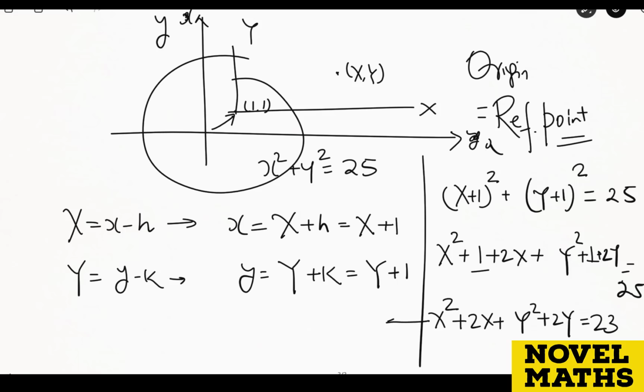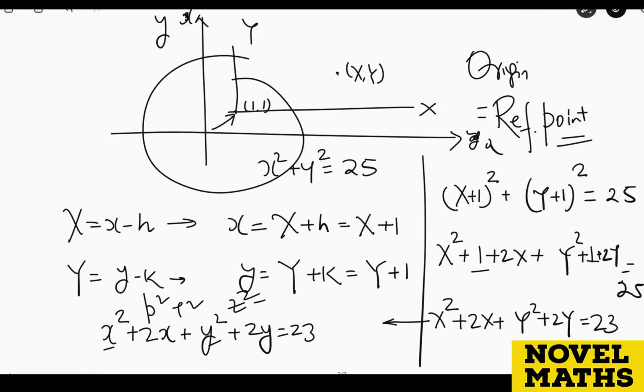But generally when we transform this, capital X and Y, small x, y, doesn't matter, right? Ultimately the equation will be x square plus 2x plus y square plus 2y is 23. When you write this, x and y is with respect to the new coordinate system. You could have written it like p square plus 2p plus z square plus something like that. You can do anything. These are just variables.